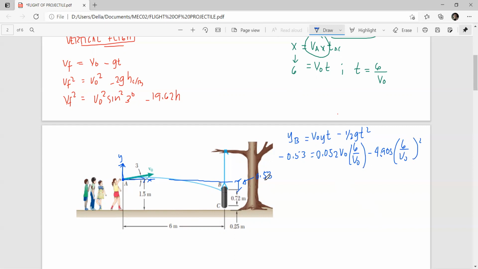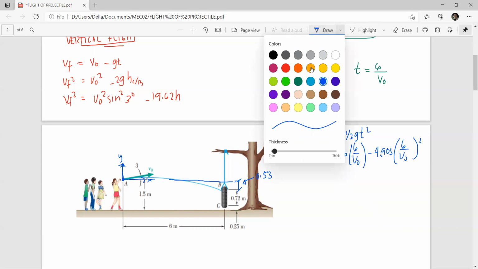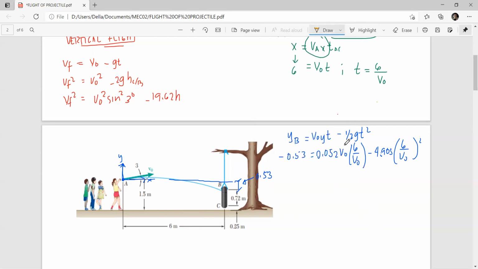So when we simplify, we can cancel it. Then negative 0.53 equals 0.312 minus 176.58 over velocity initial square.